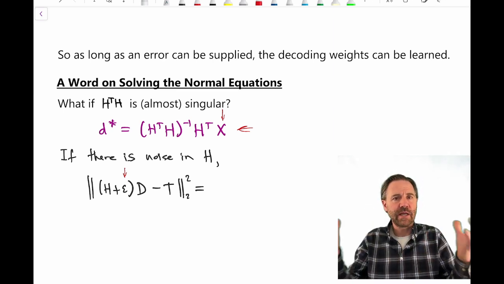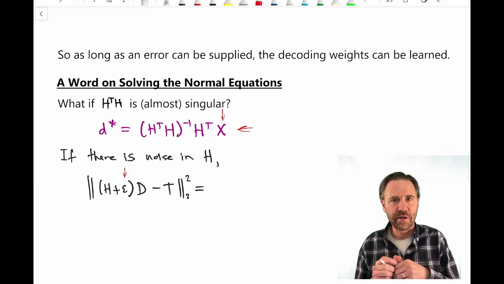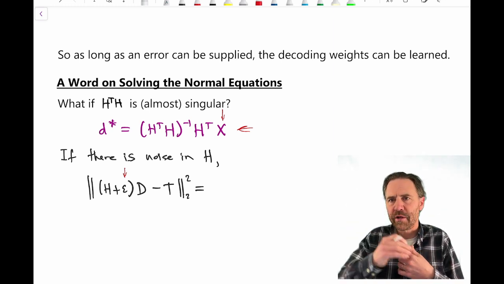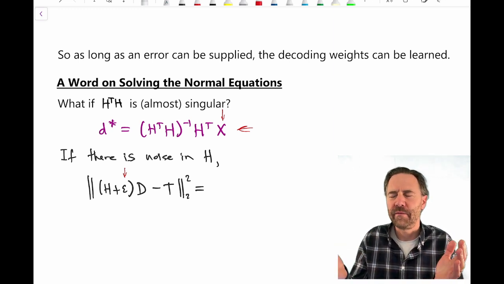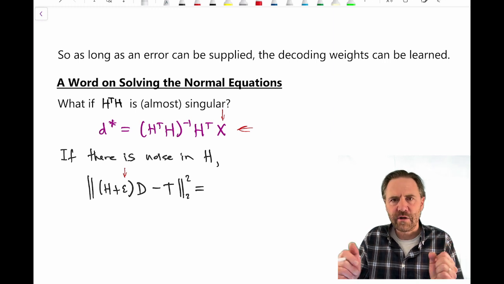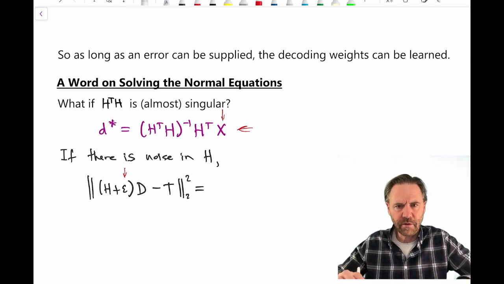So H plus epsilon. Epsilon is basically a noise matrix that's the same size as H, but we're going to assume that every one of those entries is an independent and identically distributed random variable.